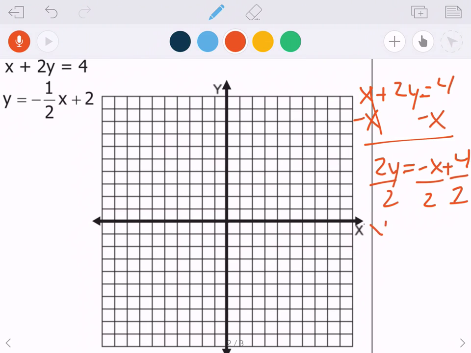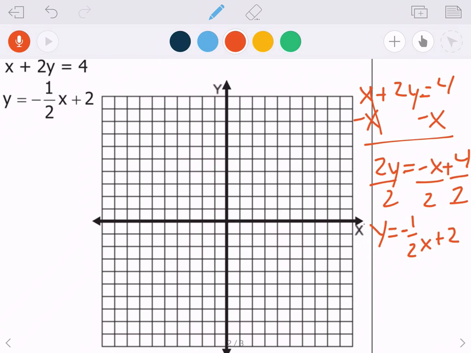So I'm going to get y equals negative x over 2, which is negative 1/2 x, plus 2. So you're probably thinking to yourself, that equation is y equals negative 1/2 x plus 2, and the second equation is y equals negative 1/2 x plus 2.